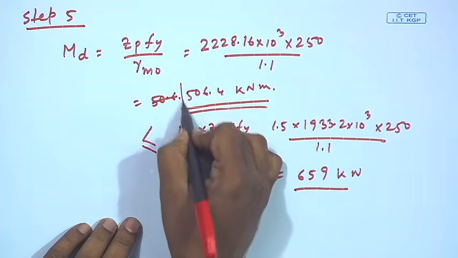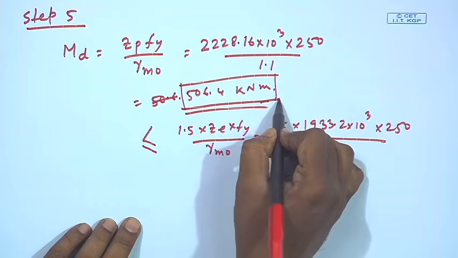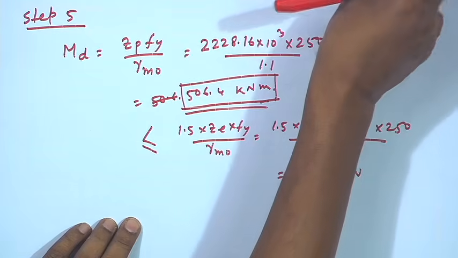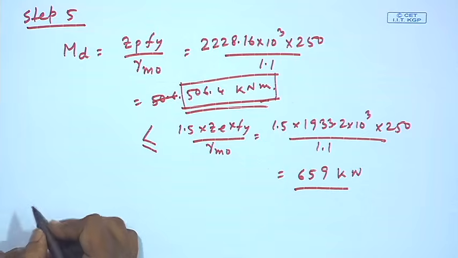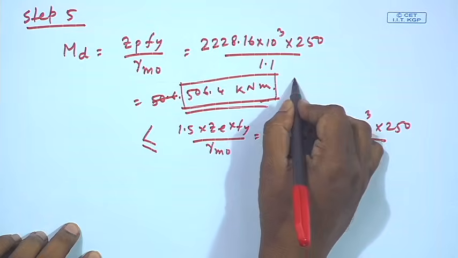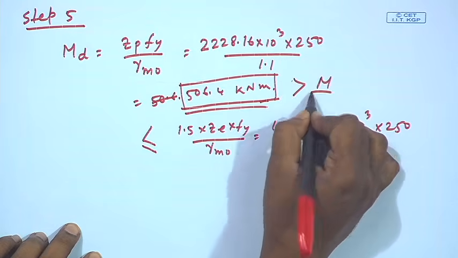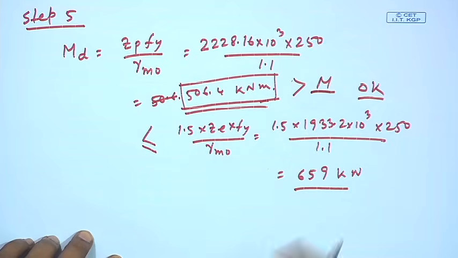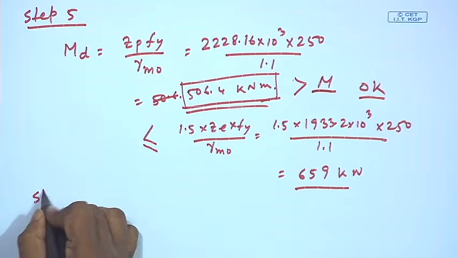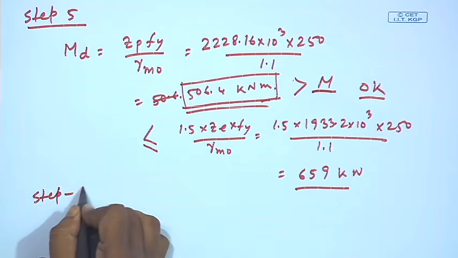So, we can consider the design bending strength of the section as 506.4 kilonewton meter, right. And this is more than the maximum moment coming, right. Now, in step 6 we can check for deflection.